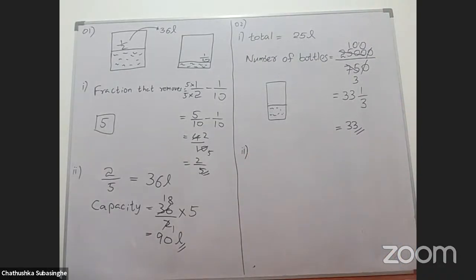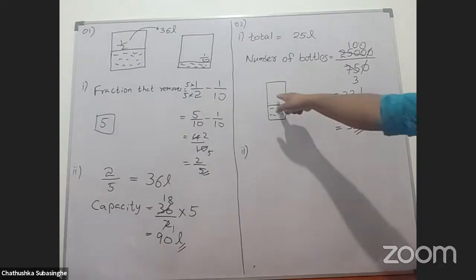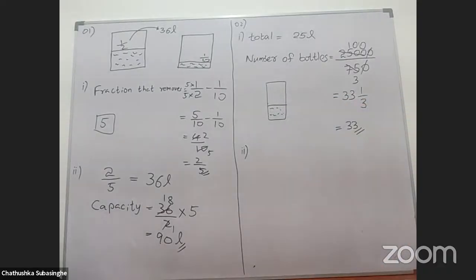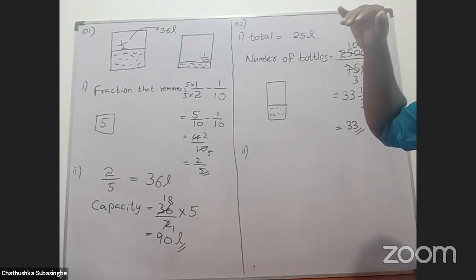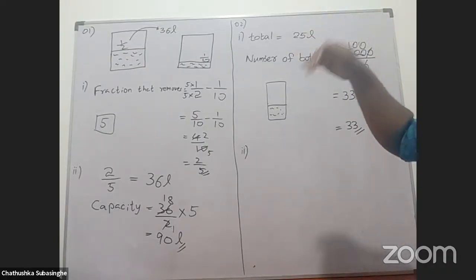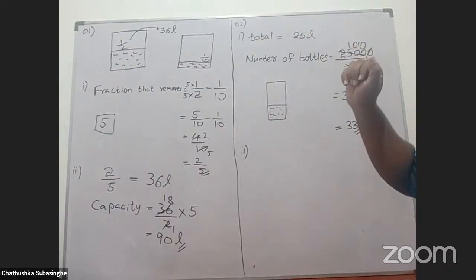Then Roman number 2. In Roman number 2, it says how many milliliters will be left behind. Okay, so there's a 1/3 remaining. This is the remaining part from the bottle. We are going to pour this 25 liters of oil into 750 milliliter bottles.